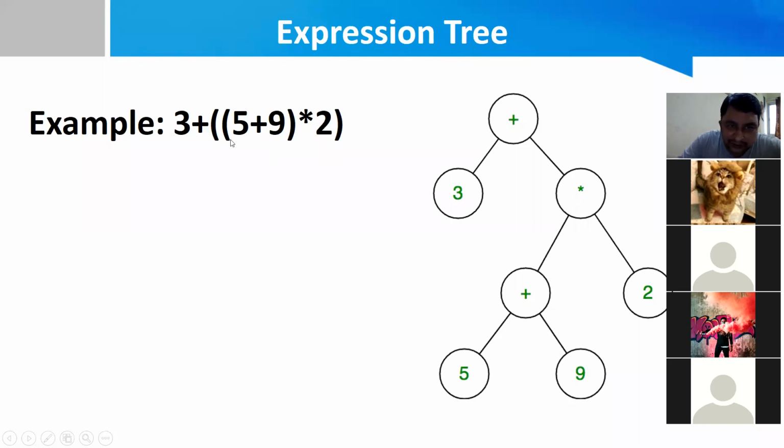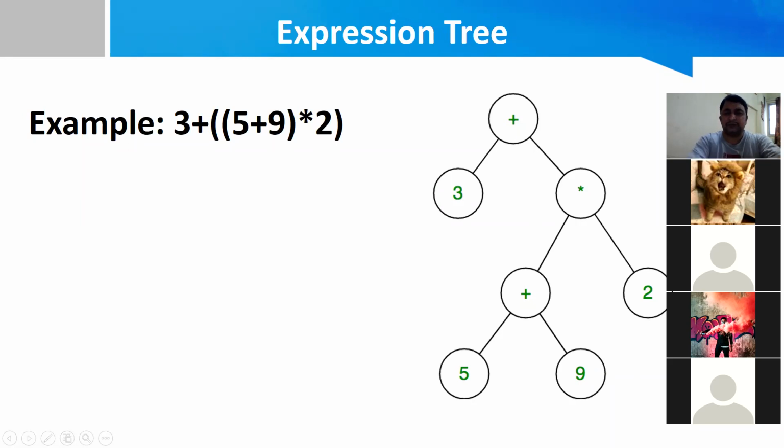If I go inside of this, here plus is the operator, so plus will be the left subtree, and 5 and 9 will be the left and right children for this parent. See, first 3 and then the major operator star, then from here plus, and from here 5 and 9 and then 2. So this is how the binary tree will be drawn, and this is how you need to explain with the example, right?